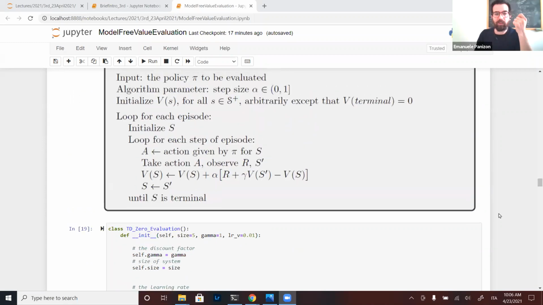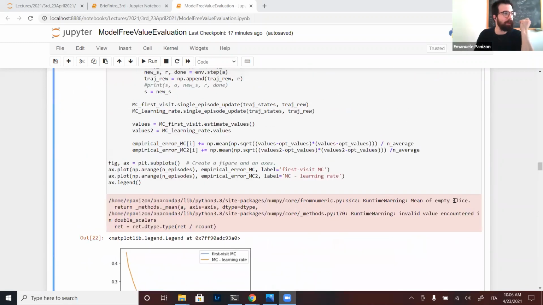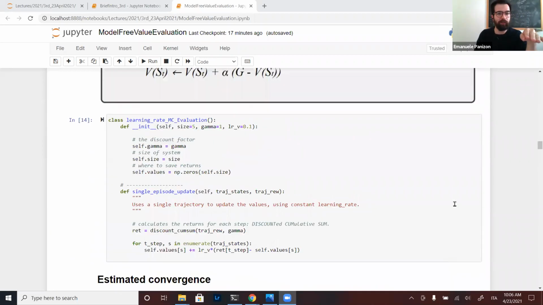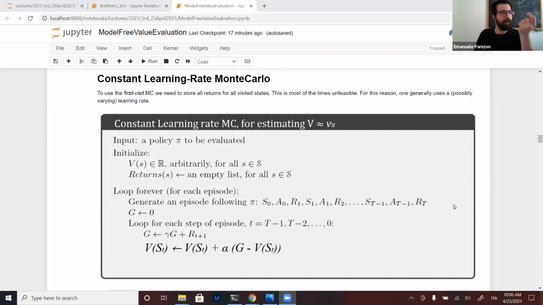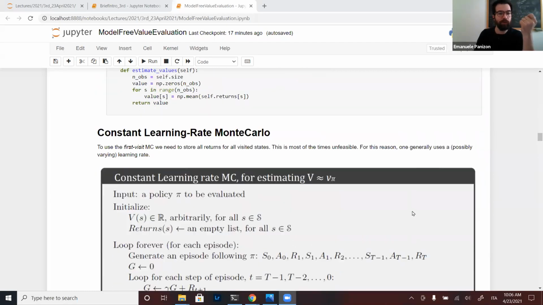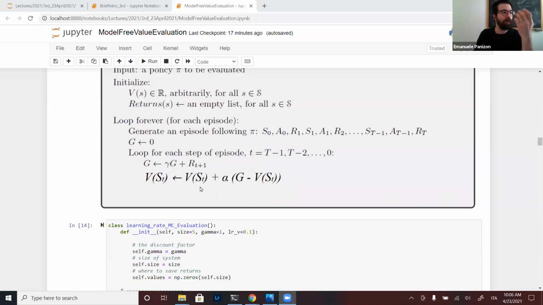The first is that what we've done in all this algorithm so far is that we have taken something which we know should be an evaluator of the value. For Monte Carlo, what we assume is that the value is the return.